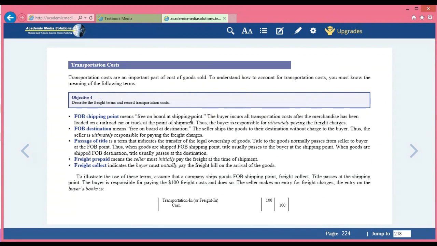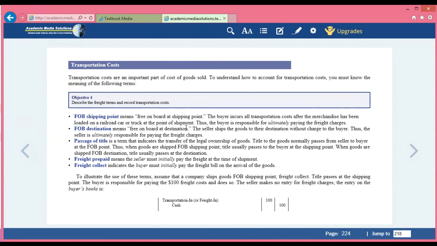So they have legal title. Even if it's in transit, they're the ones who are going to insure it against fire or damage or theft. So free on board shipping point means that everything belongs to the buyer the minute it goes on the transportation method. FOB destination means free on board at destination.